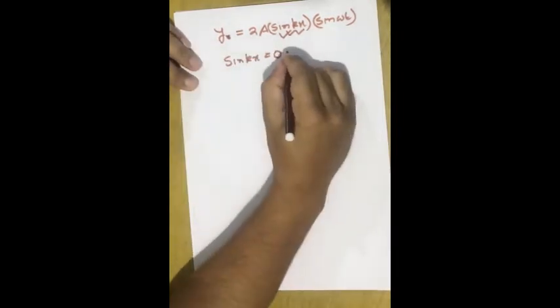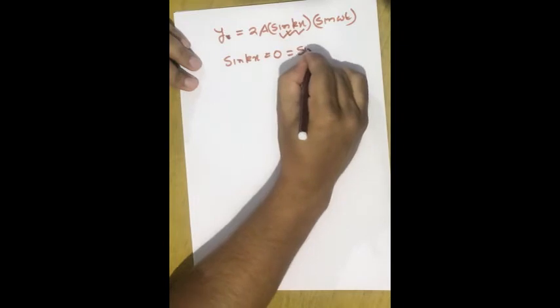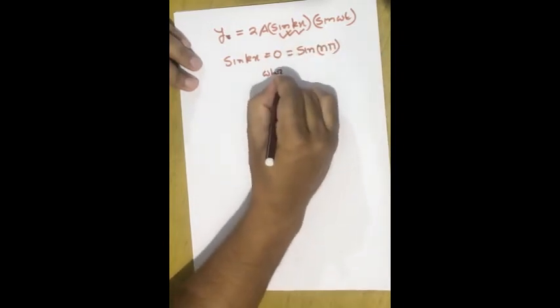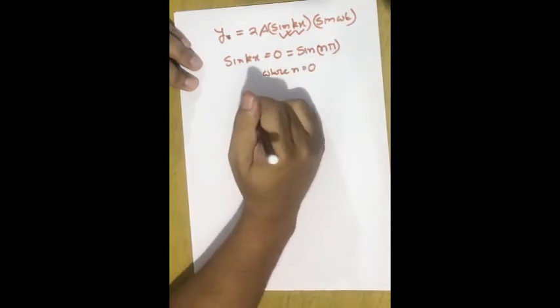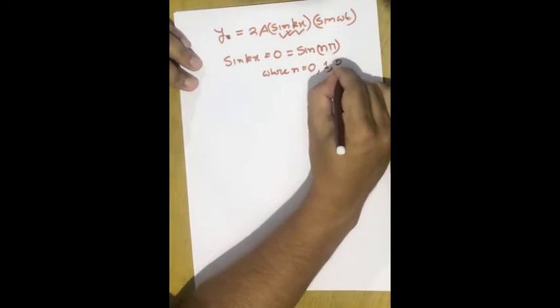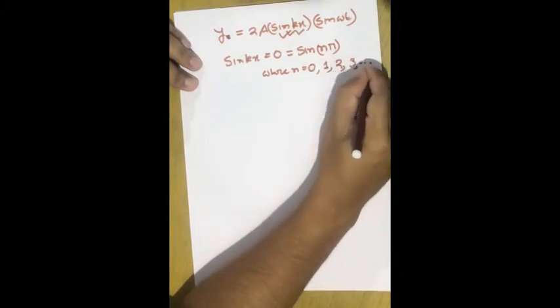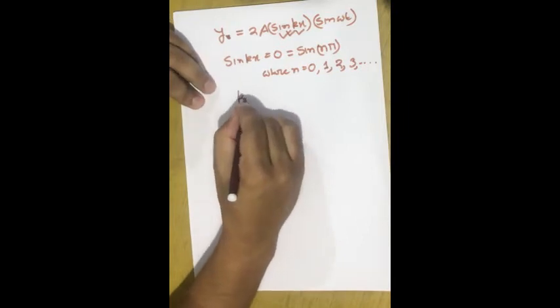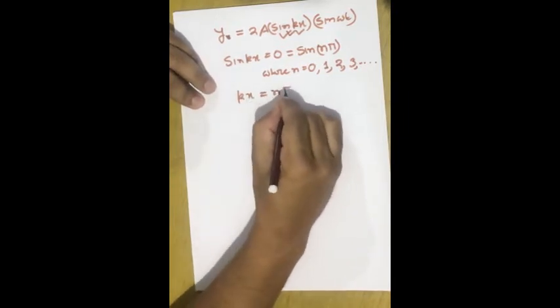Okay, and sine kx will be equal to 0 when its argument is equal to n pi, where n can be 0, sine 0 is 0, sine pi is equal to 0, sine 2 pi is equal to 0, sine 3 pi is equal to 0, something like that. Okay, so kx should be equal to n pi.